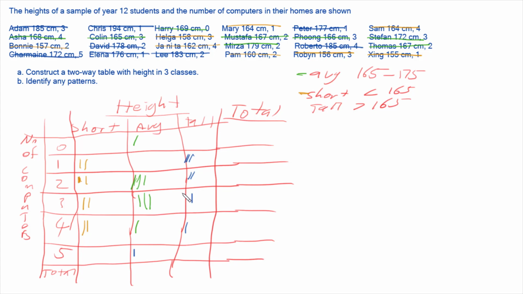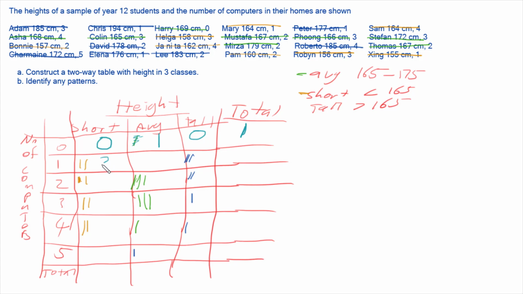So now we'll go through and we'll actually put the numbered versions in. So we've got 0 short, and we've got 1 average and 0 tall that have no computer. So we got a total of 1 there. And I'll cross our tally out.